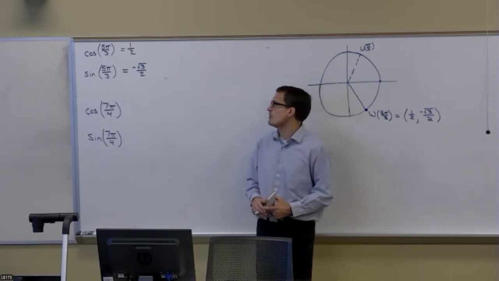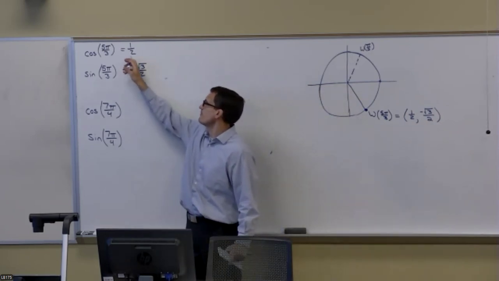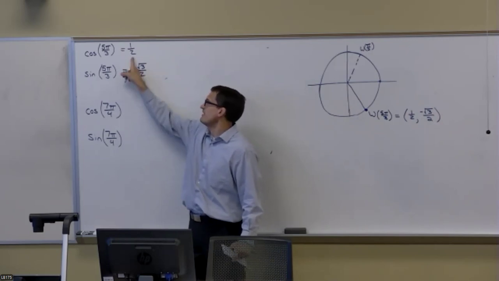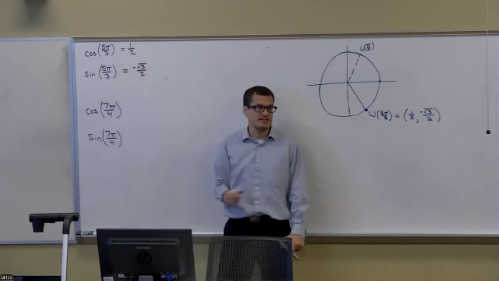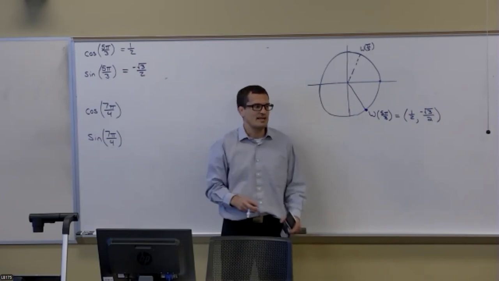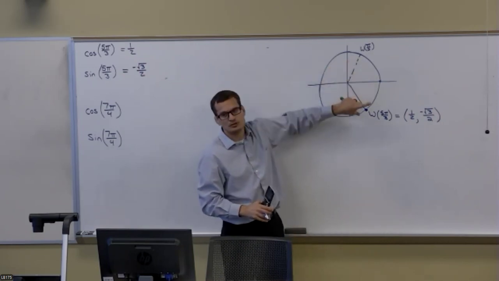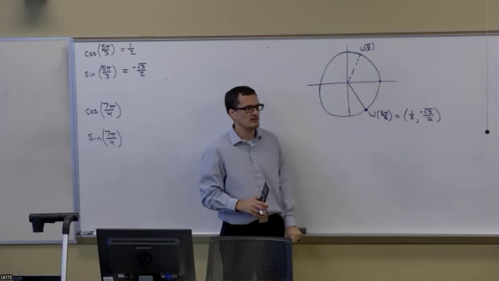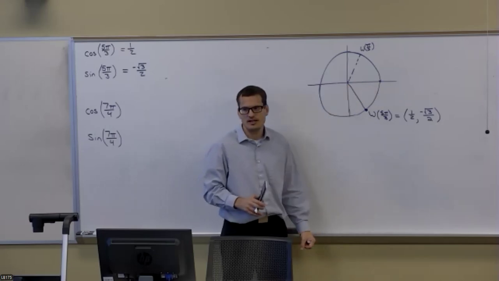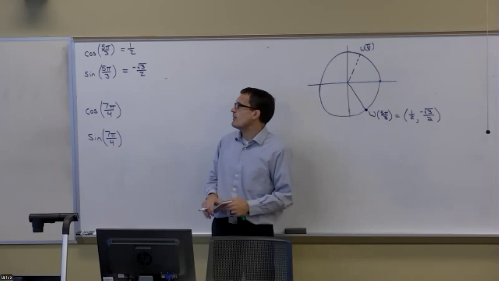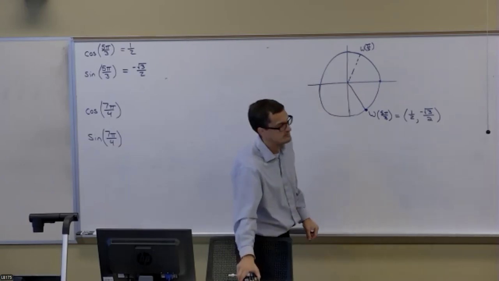Being able to recognize that decimal as being negative root 3 over 2 is a lot faster than using the logic of projections across to figure that out. So now I can kind of do both.